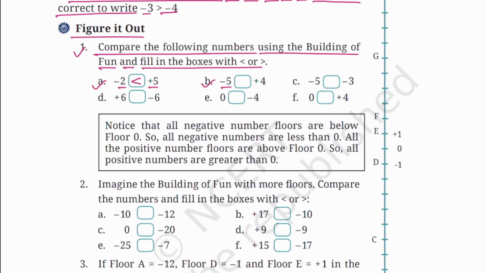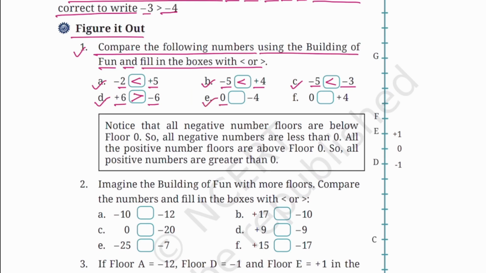B -5 and +4. -5 is less than +4. C -5 and -3. -5 is less than -3. D +6 and -6. +6 is greater than -6.